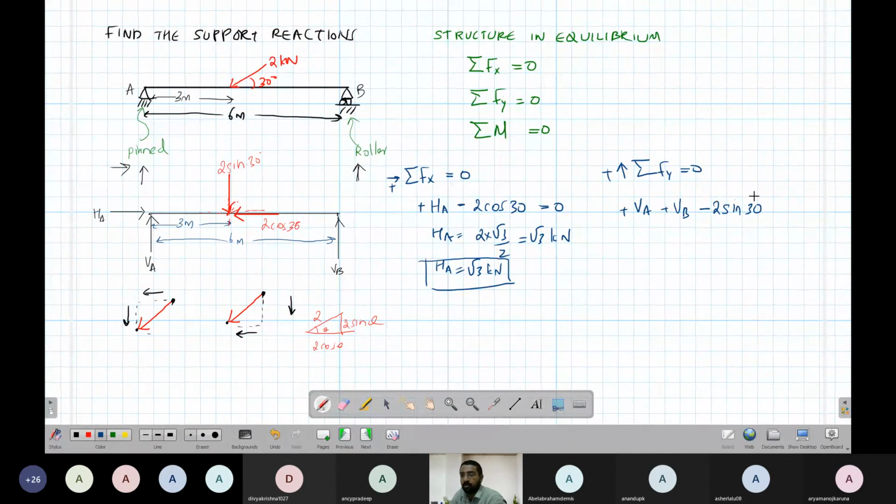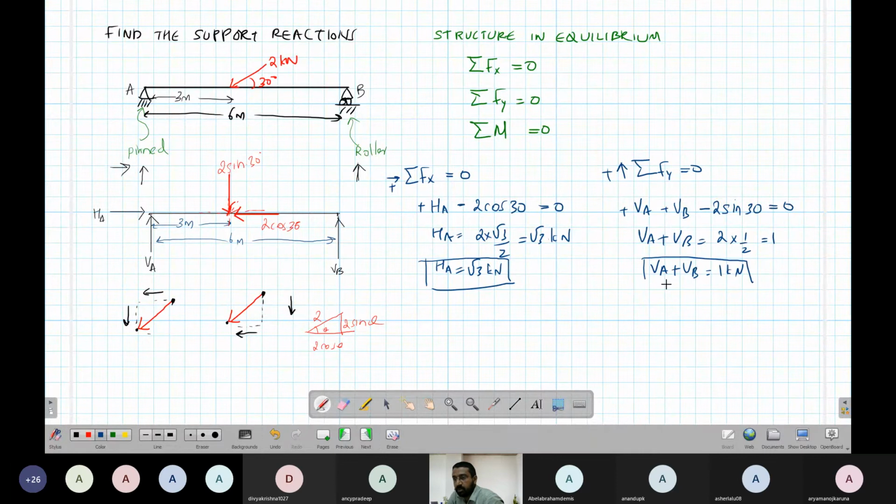So that means VA plus VB equal to 2 sin 30. Sin 30, just verify, is half. 2 times half. So VA plus VB equal to 1 kilonewton.